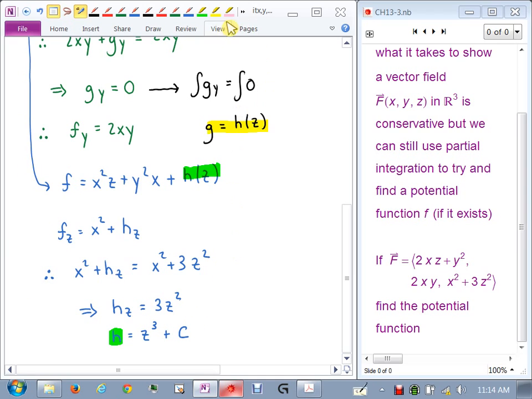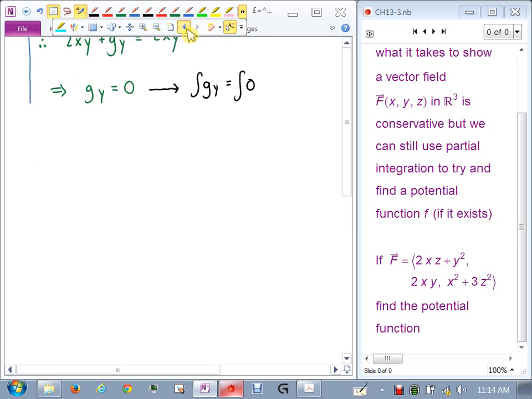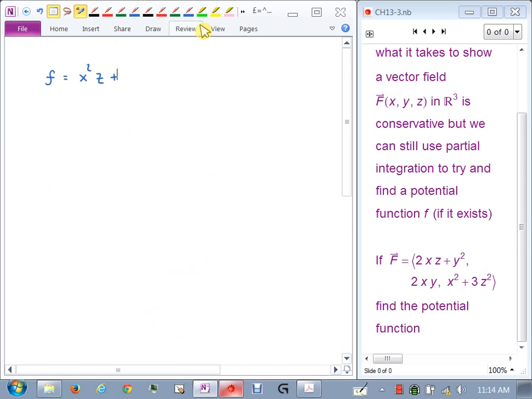So f should be x squared z plus y squared x plus z cubed plus a constant. That's what I believe my potential function is.